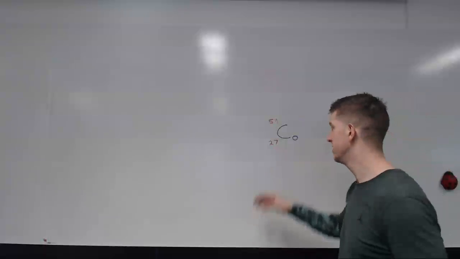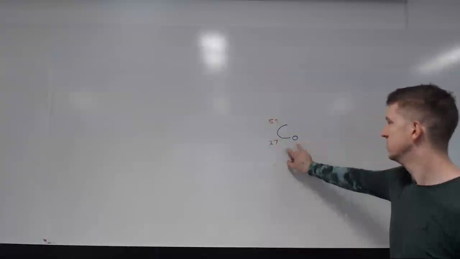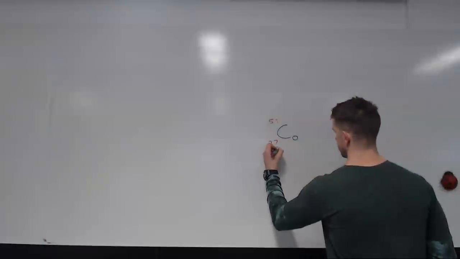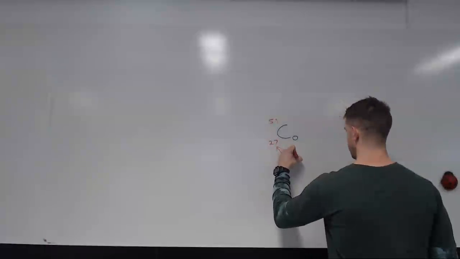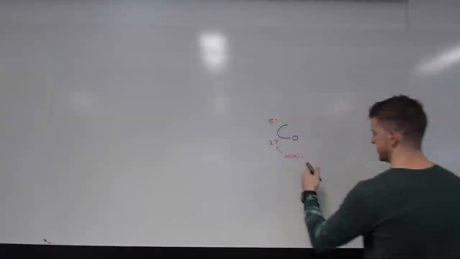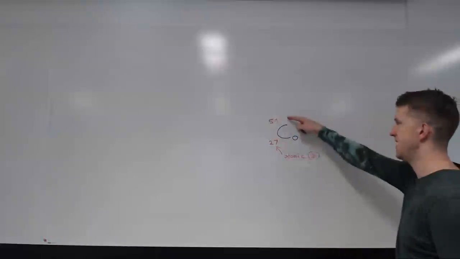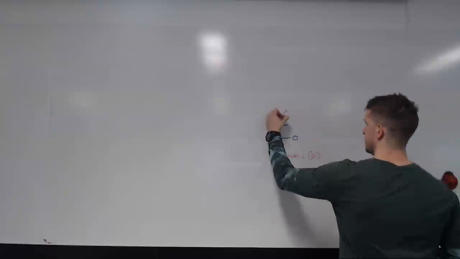Let's take an example. Here I've got cobalt, so its atomic number here is 27. So like we talked about before, this is what we would call the Z, the atomic number. So this is the Z value. The mass number at the top is our A, so mass number.